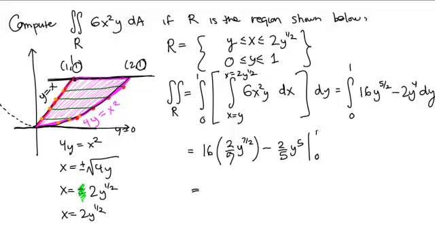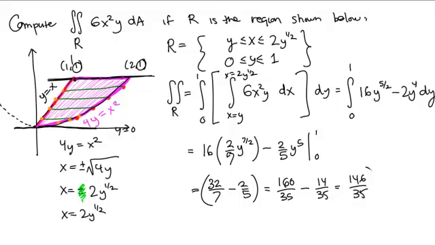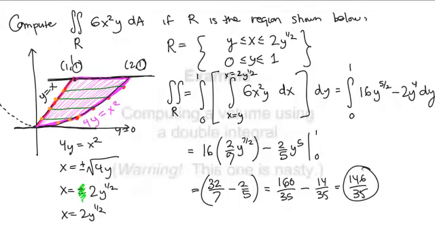So if we plug in 1, we're going to have 16 times 2/7 or 32/7 times 1 minus 2/5. When we plug in 0, we're going to get 0 minus 0, so we don't even need to consider it. If we put these things on a common denominator of 35, then we're going to have 160 35ths minus 14 35ths, which gets us 146 35ths. And this is exactly the value we got last time, but at considerably less expense.